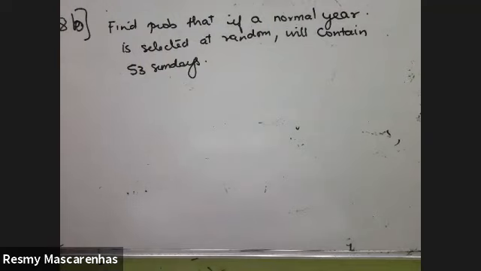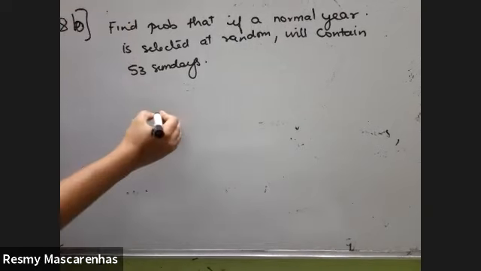So either a normal year can come or a leap year. Definitely, there is nothing else which can be asked. So a normal year will have how many days? Obviously 365 days.